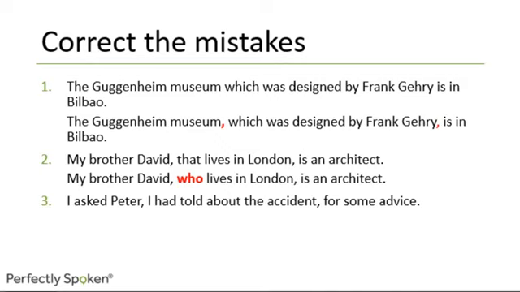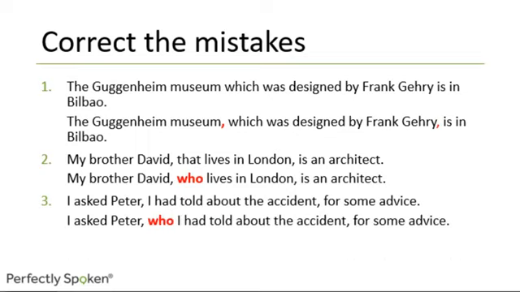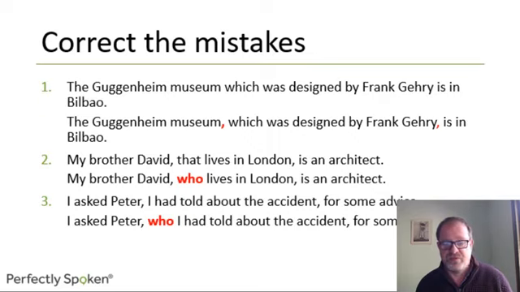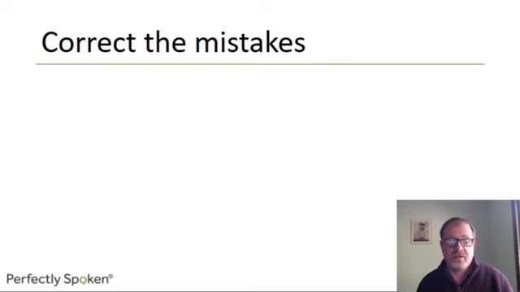What is the matter with this sentence? What's the mistake? See if you can pause the recording if you need time to think. It's: I asked Peter, who I had told about the accident, for some advice. Remember that in non-defining relative clauses, we cannot omit the pronoun. We can't drop it, okay? So we have to use who in this case, or which.